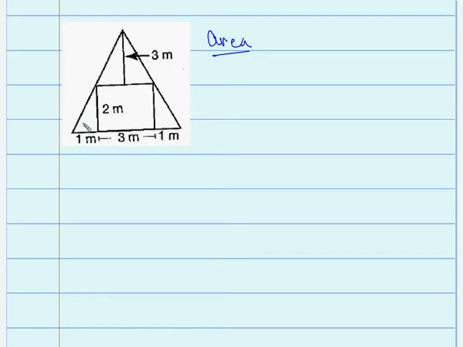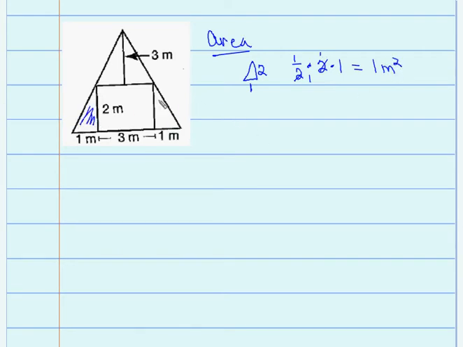So let's take a look at a small triangle that has a bottom dimension of 1 and a top dimension of 2. If I use that formula, 1/2 times 2 times 1, I get 1 meter squared. Now I have 2 of those, right?